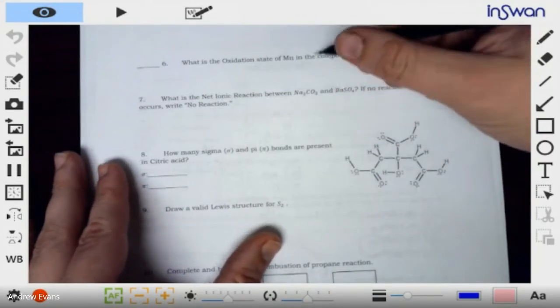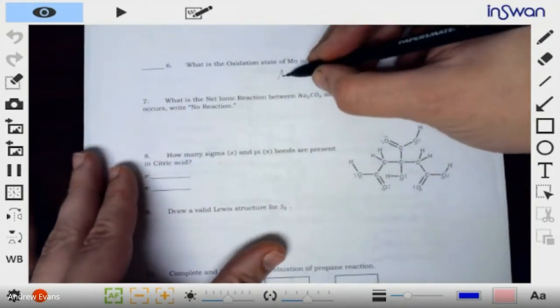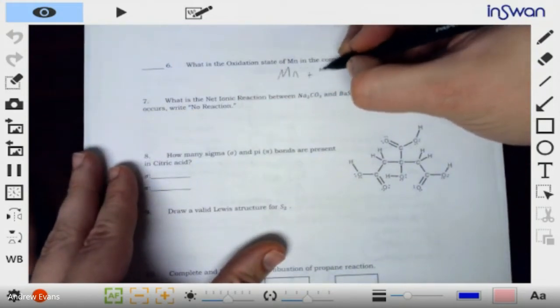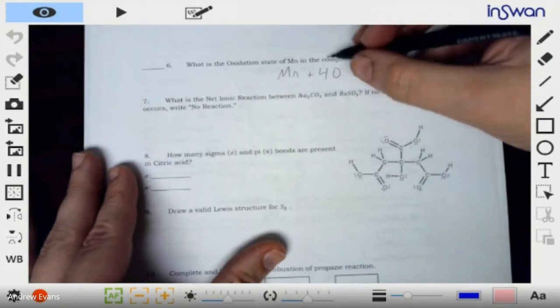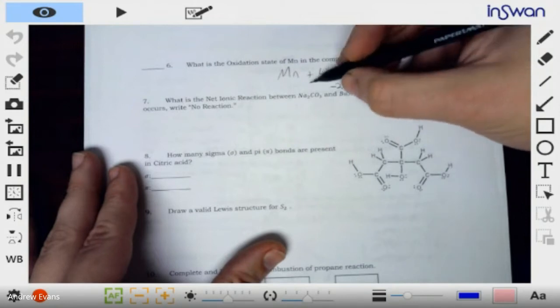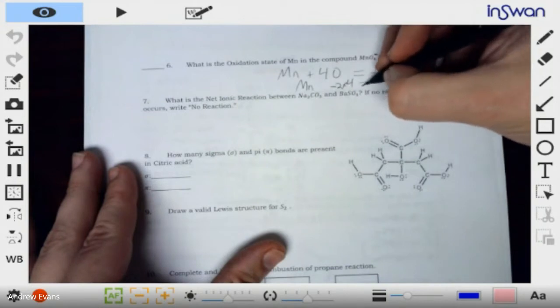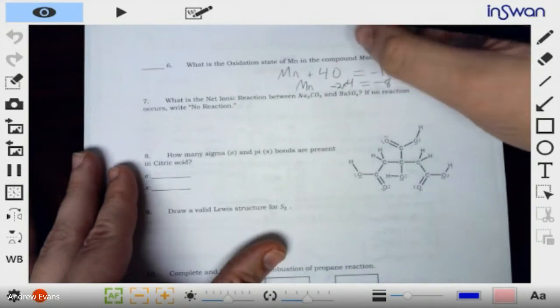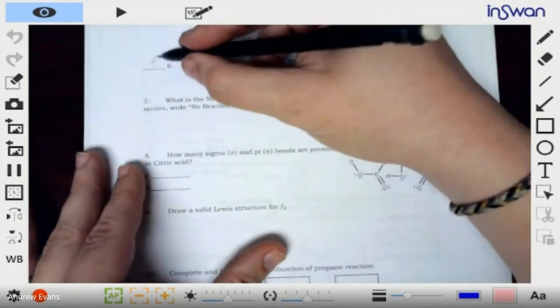So the charge of all the metal and the oxygen will have to add up to -1. Well, if each oxygen is -2, then Mn plus -8 equals -1. So the only charge that manganese could have would be +7.